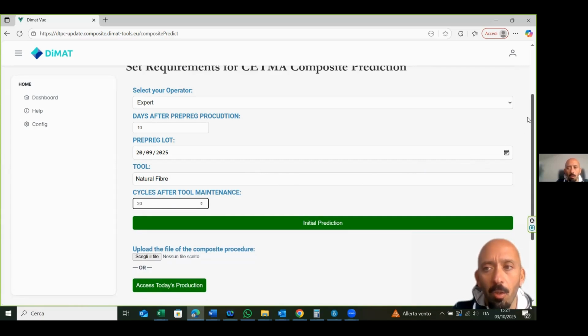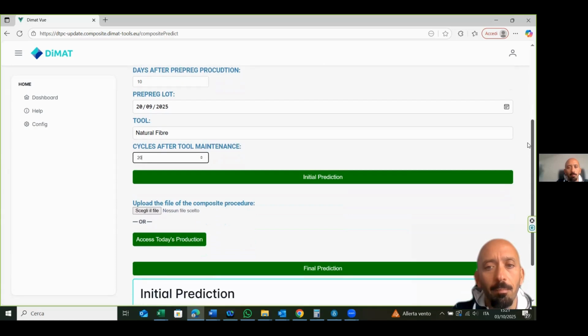I can also include in the prediction the analysis of the process parameters that are temperature and vacuum.